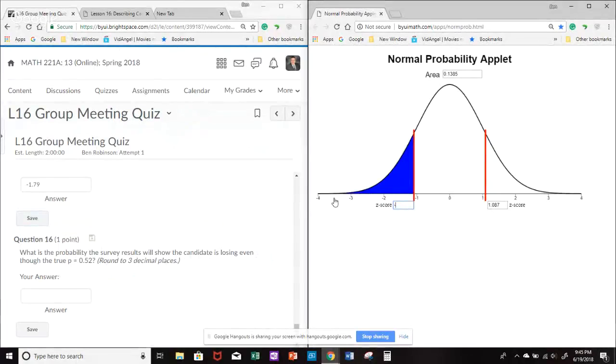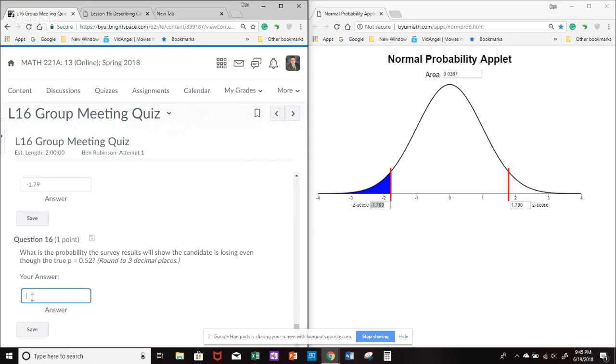What is the probability the survey results will show the candidate is losing even though the true P equals 0.52?